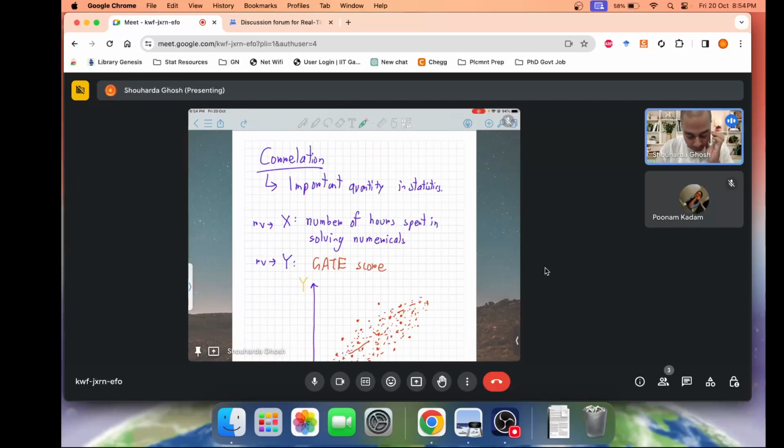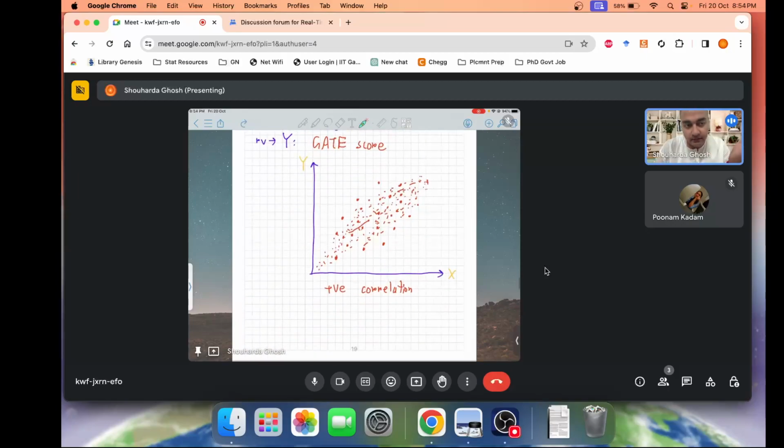Like with two random variables, if increasing one random variable also increases another random variable, then they are said to be positively correlated. If increasing one random variable decreases another random variable or vice versa, then they are said to be negatively correlated. If increasing one random variable does not lead to any change in the other random variable, then they are said to be uncorrelated.